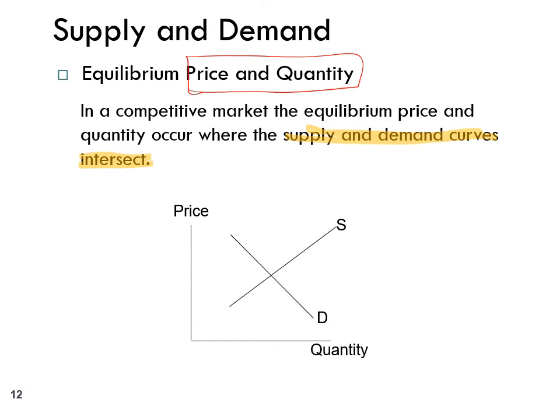The point where they intersect, which is this one, is the equilibrium price. This price is the equilibrium price, and this quantity is the equilibrium quantity. So in a liberal, free economic system, the price of an item is determined by this method. The intersection of the supply and demand curves gives you the equilibrium price and quantity.